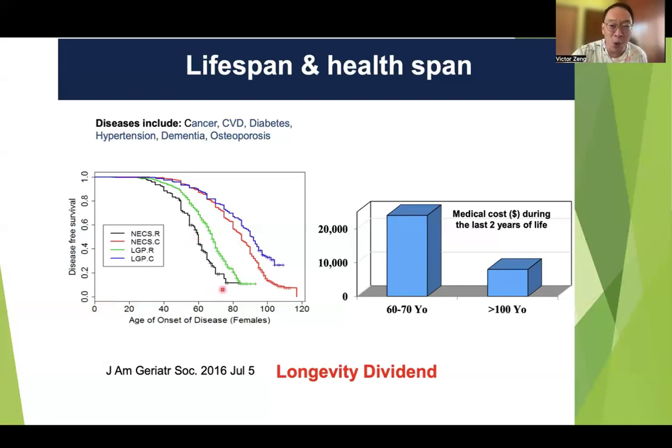If you live to over 100, your disease-free survival is a lot better. That's called the longevity dividend.